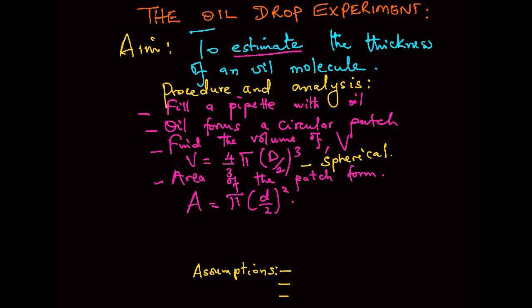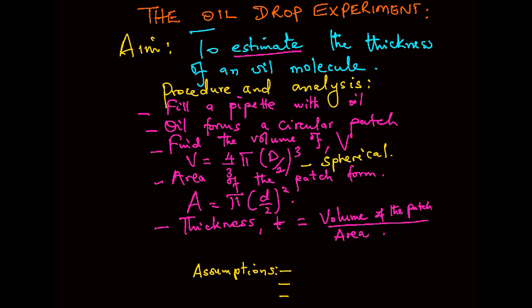Since the patch formed is circular, we believe that it is 1 molecule thick, and therefore it has a thickness T, which is given by the volume of the patch, which is basically equal to the volume of the drop, divided by the area of the patch.